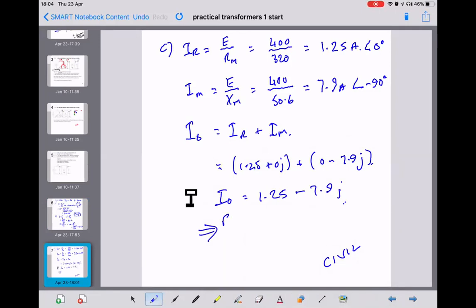Convert into polar: 8 amps, and the angle is minus 81 degrees. Everybody follow that okay?